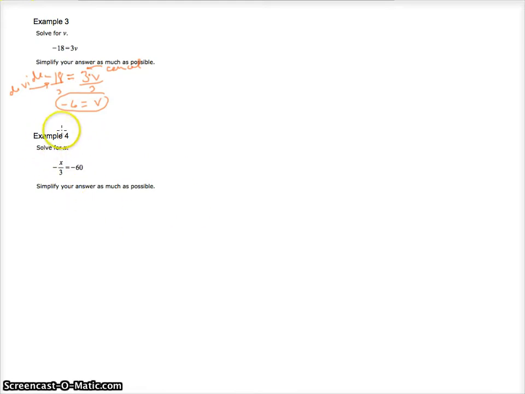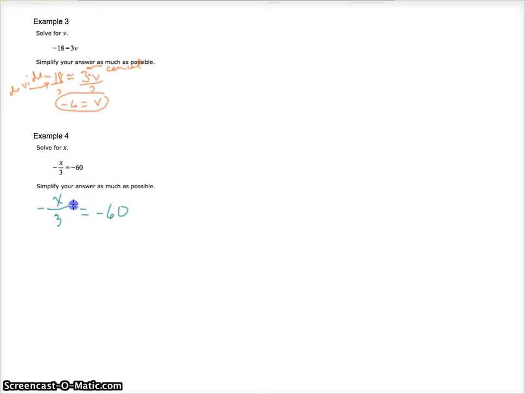In example 4, it says solve for x. So I've got negative x over 3 equals negative 60. So I'm going to rewrite it: negative x over 3 equals negative 60.